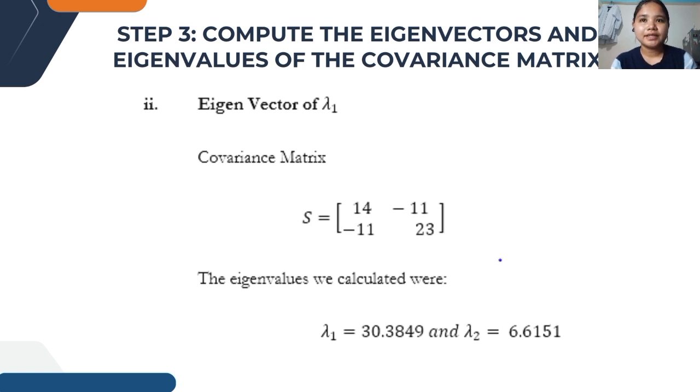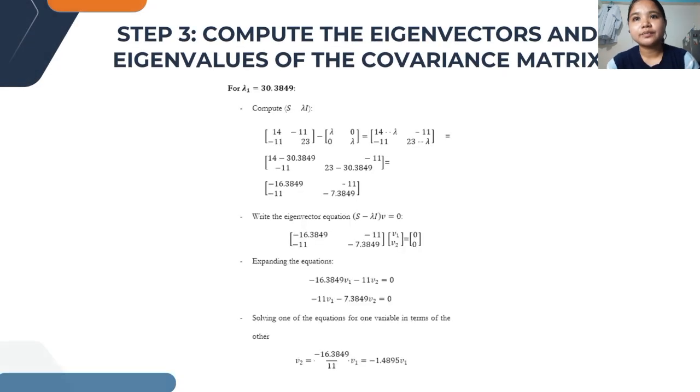Now, for finding the eigenvector for lambda sub 1, we compute S minus lambda times I. So we substitute the value of lambda, which is 30.3849, in this matrix. So we have 14 minus 30.3849 and then 23 minus 30.3849.